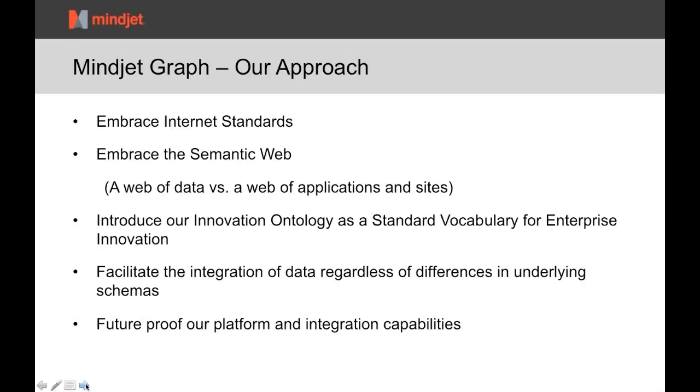The overall approach that we took to building the APIs covers a lot of territory, because we wanted to make sure that we embraced internet standards, meaning any internet standards that existed and had taken root, and made sure that we were compliant with those. The other thing that we wanted to do is embrace the semantic web, and that really targets a web of data versus applications and sites.